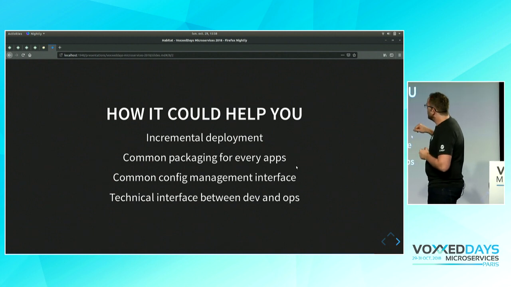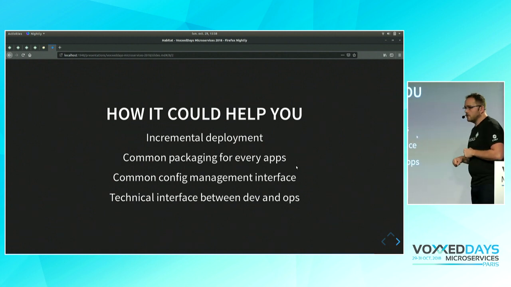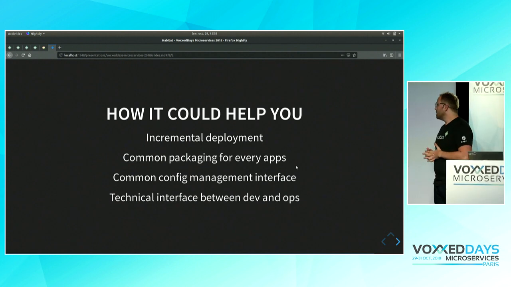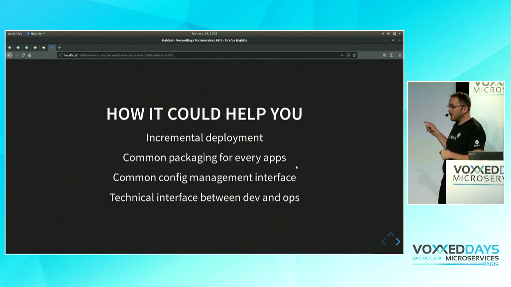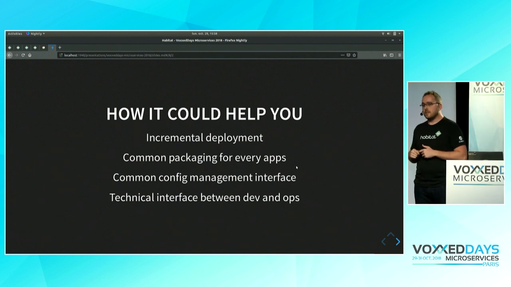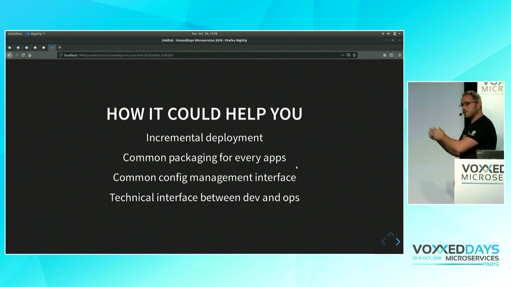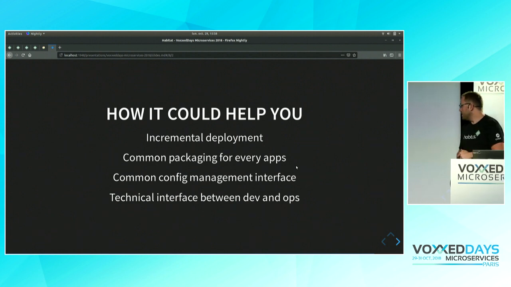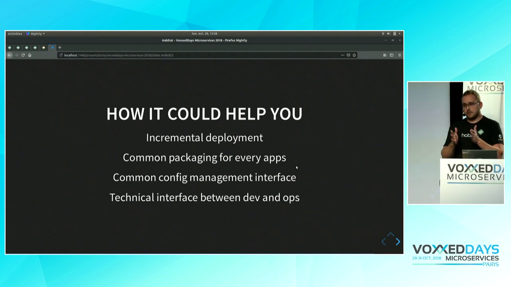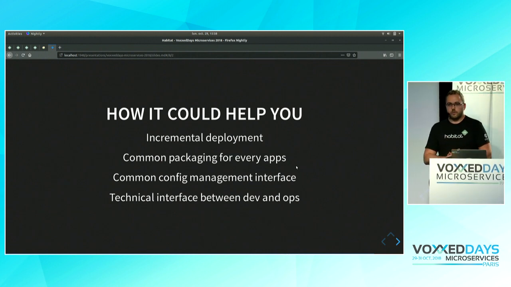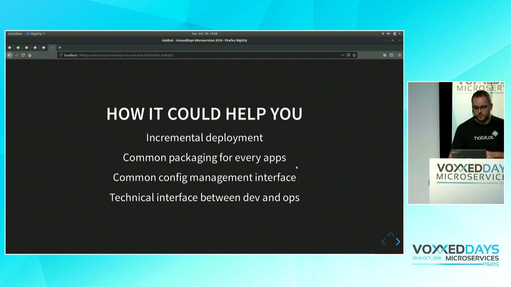What's very nice is the common packaging and the configuration management that you can bring to an operation setting so that you can handle every application the same way. You can also package legacy applications easily with Habitat because it adapts to your application. So this is very nice if you want to lift and shift to cloud, for example, even for legacy applications. And the technical interface between developers and ops is actually Habitat if you choose to use it. This can be very powerful for many workflows.